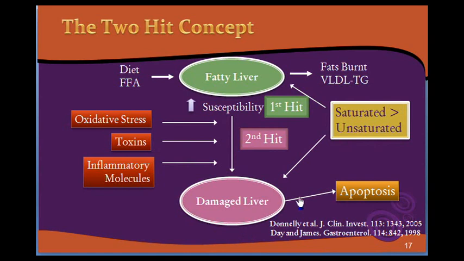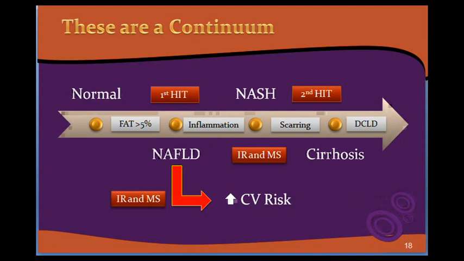If this is left unchecked, liver cell death, apoptosis or liver cell failure occurs, which will result in replacement of the liver tissue by fibrosis, and the end result is cirrhosis of the liver.